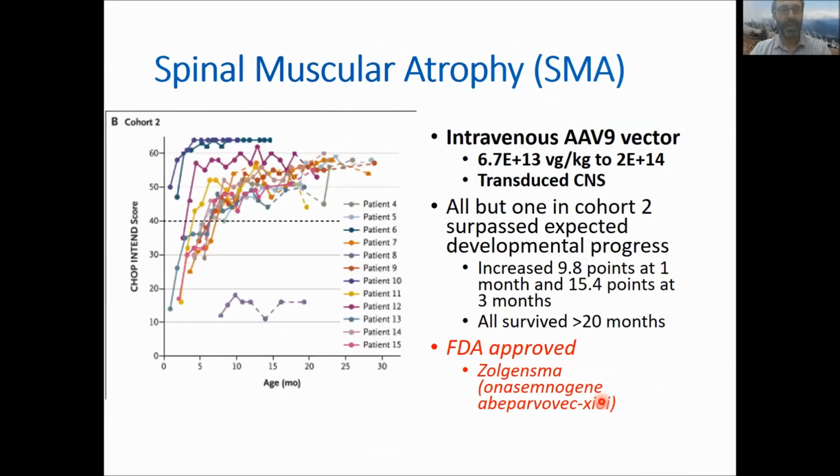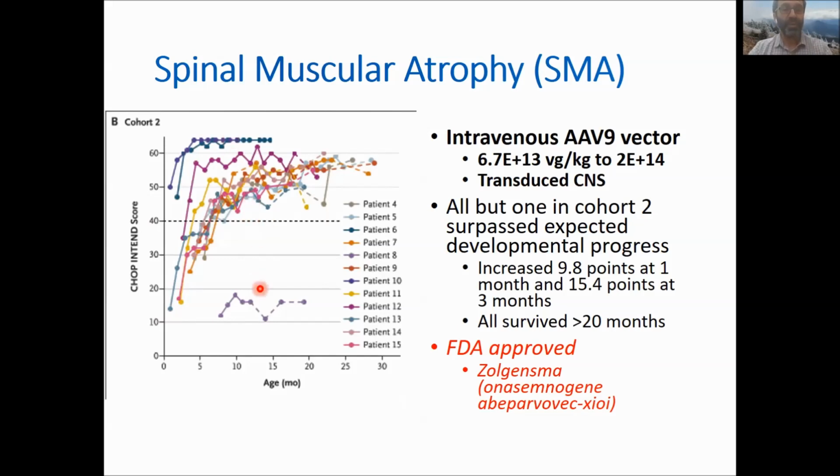So the study went ahead, and as we know, there were good benefits. This shows in all but one participant increasing CHOP INTEND scores, and the line at 40 shows where most or any patient with SMA does not surpass that developmental threshold.